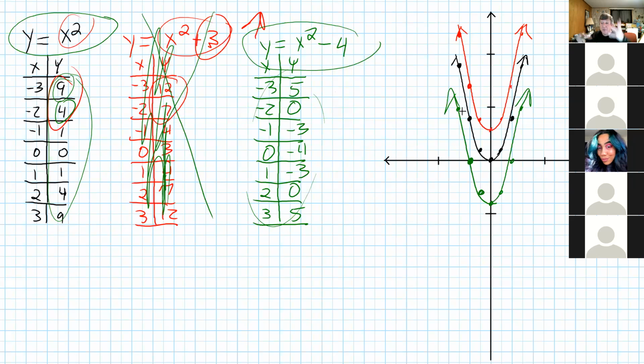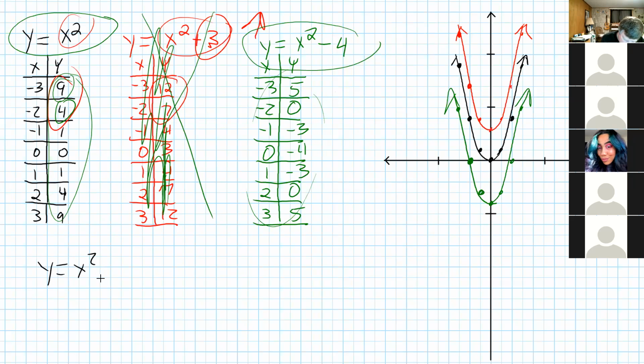So I could have just taken the black graph and shifted it down 4 units. Okay with that? That wasn't a rhetorical question. Yes. Yes, you're okay. Okay, so let's summarize here.